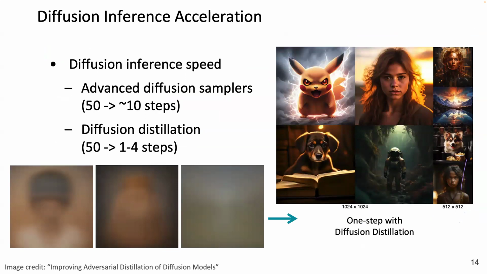Actually, one line of research towards this goal of speeding up diffusion inference is the so-called advanced diffusion sampler, where the goal is to develop a more effective inference-time sampler that can be applied to arbitrary pre-trained diffusion models to speed up inference, for example, from around 50 steps to the state of the art of around 10 to 20 steps.